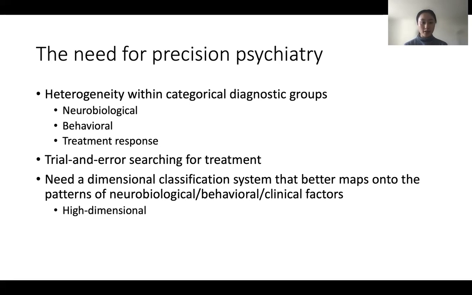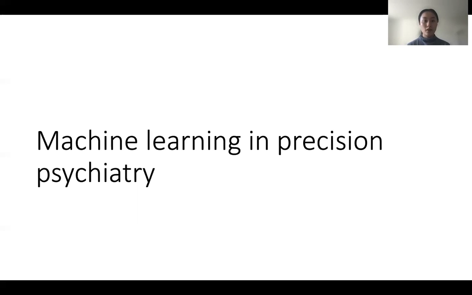But this classification system is likely going to be high dimensional because people can vary on a lot of dimensions. This gives us a reason for applying machine learning, whose algorithms are good at dealing with high dimensional data, in the realm of precision psychiatry.